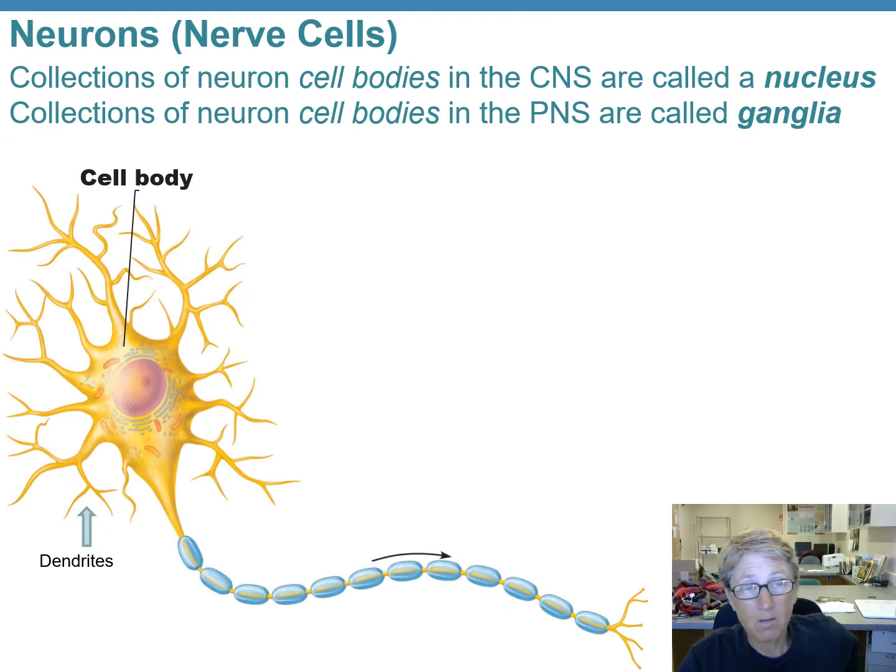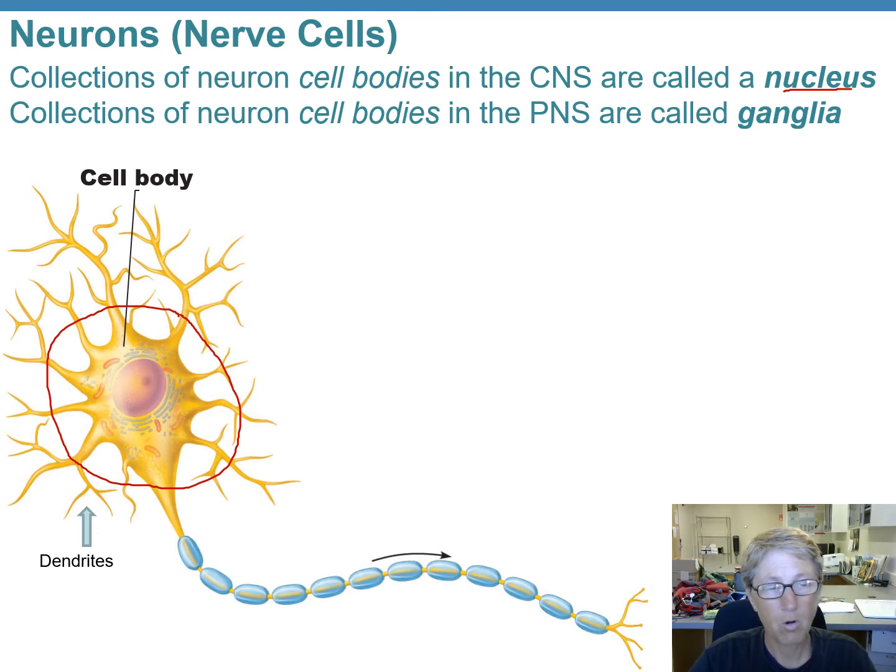So neurons, aka nerve cells. Collections of neuron cell bodies in the CNS, we went over this, are called a nucleus. So here's a cell body. If you have a whole bunch of neurons and all their cell bodies are in a space, and you're in the CNS, you'd call that space the nucleus. If you found a whole bunch of these cell bodies in the peripheral nervous system, so outside of the brain and spinal cord, you would call that structure a ganglia.